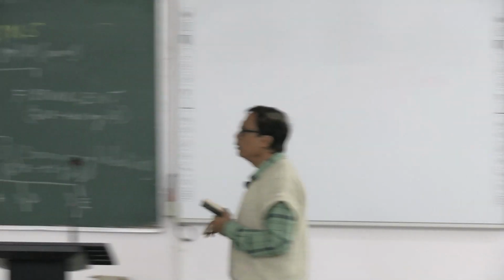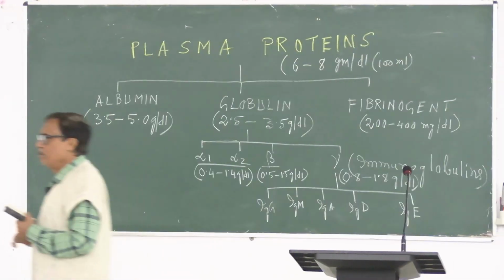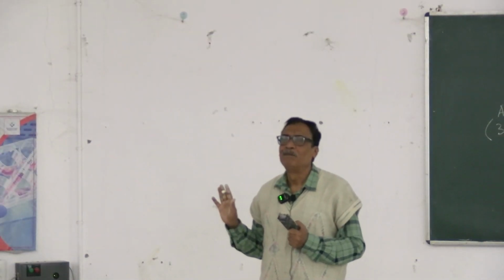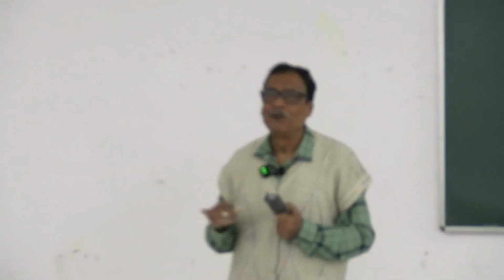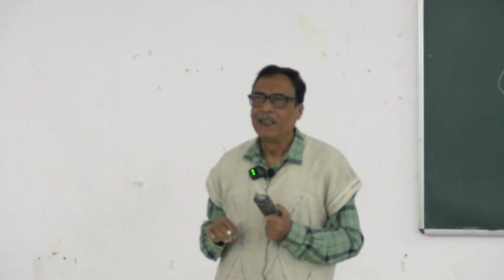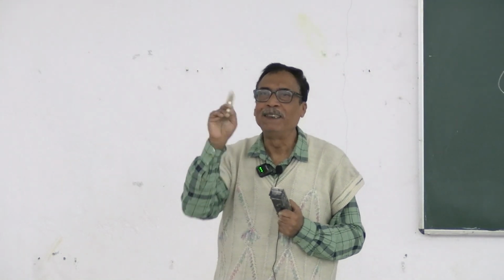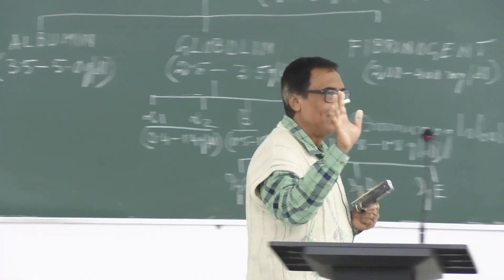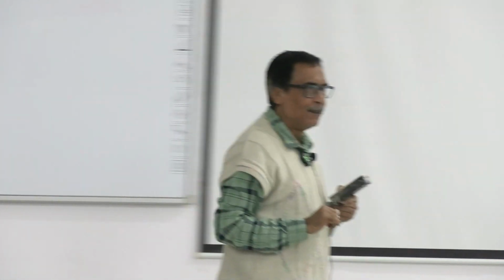Remember, glucose, urea, creatinine, cholesterol, triglyceride, bilirubin are all expressed in milligram per dl, except 2 important parameters: protein and hemoglobin, which are expressed in gram per dl. Hemoglobin, total protein, albumin are expressed in gram per dl.